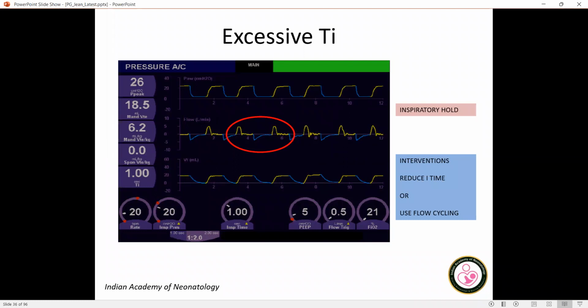During time cycling, this inspiratory hold is a problem. So we can change to another option, that is flow cycling. What is meant by flow cycling?